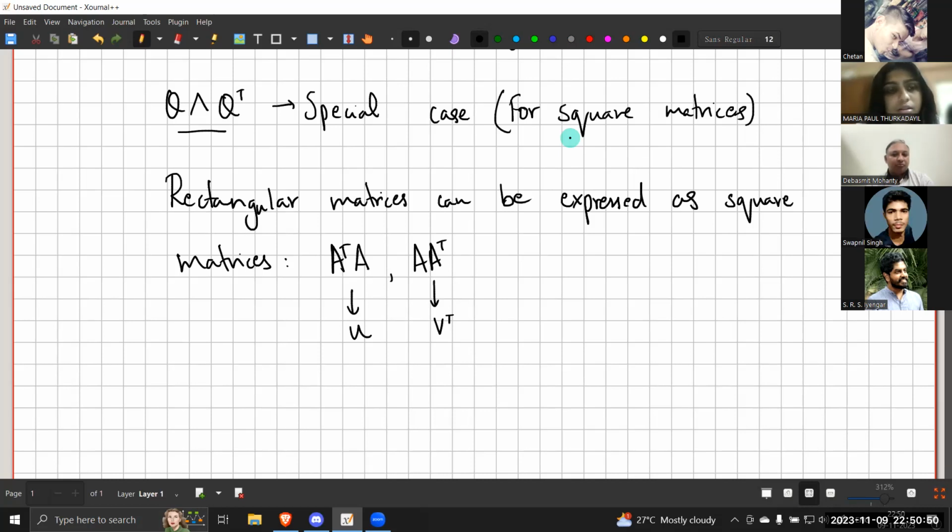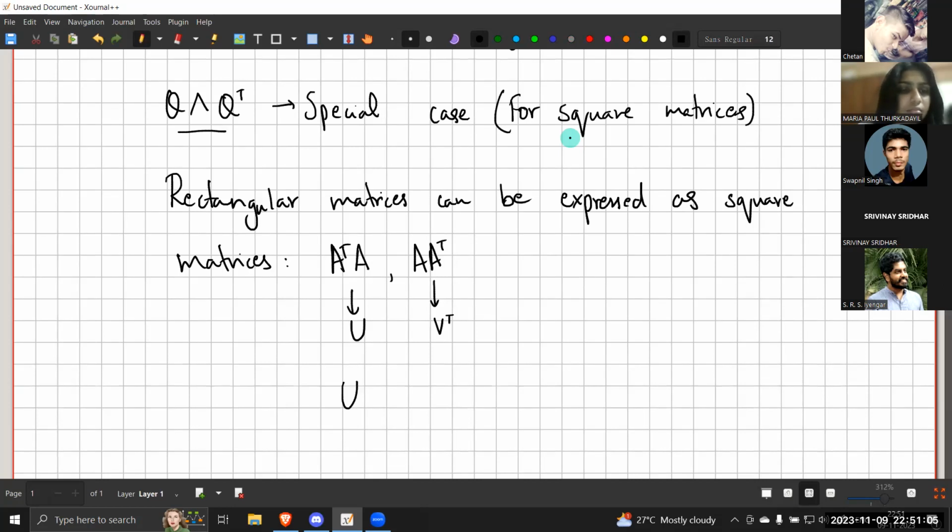No, it is the other way around. A A transpose will be on the left, A transpose A will be on the right. Is what you have written the right one? So left would be U, and the right would be V transpose.